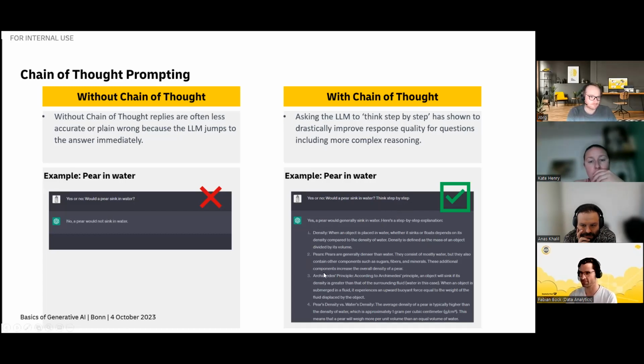It is going step by step through different aspects which affect the question. So it is thinking about the density, about Archimedes' principle, and so on. And in the end, it comes to the correct answer. So whenever you have something about reasoning, which Joerg explained before, it helps to tell it to think step by step.